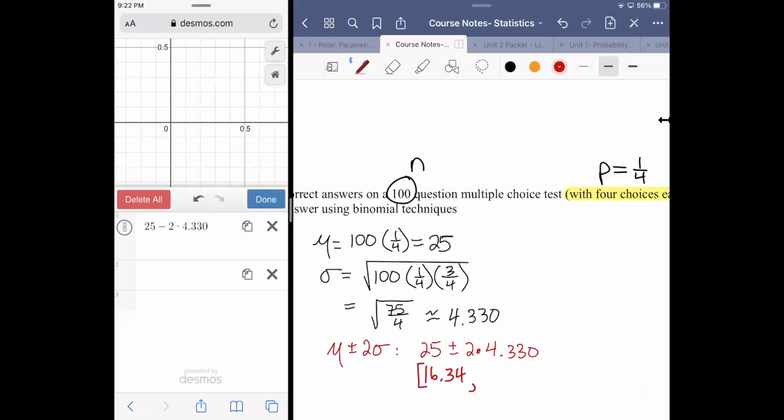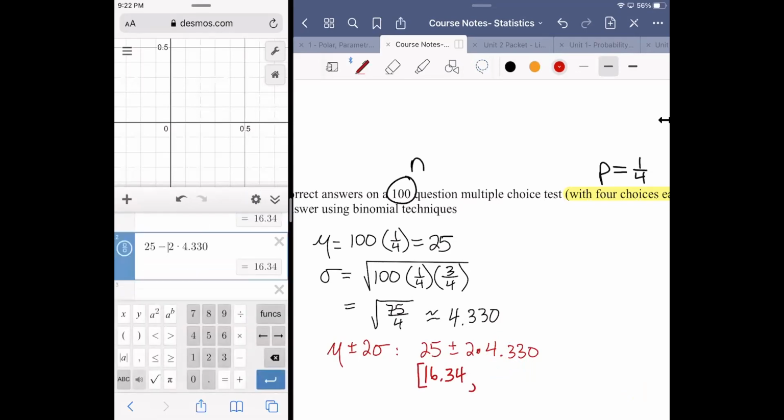And on the upper bound, 33.66. So this is the usual range.